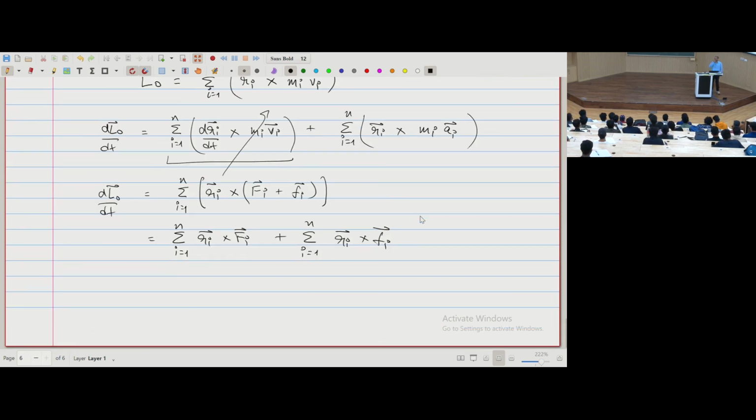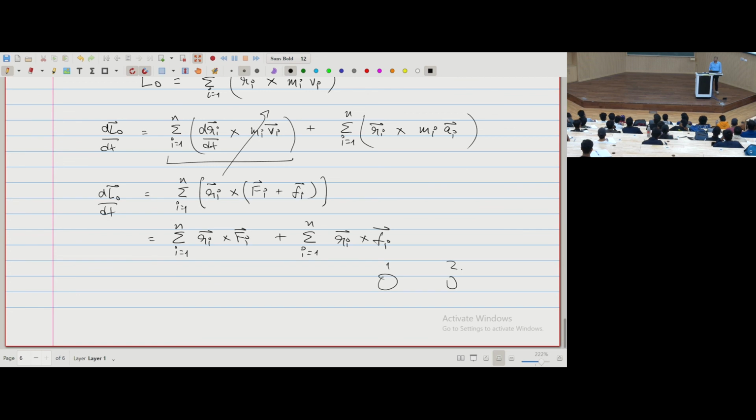Let me show you this relation for a system, because internal forces appear in pairs. So we have to see how they cancel each other. Forces cancelling each other is simple to see from Newton's third law. But these moments cancelling is a bit tricky, because Ri is different for different particles, whereas Fi, when it acts equal and opposite, acts on different particles. So let's see.